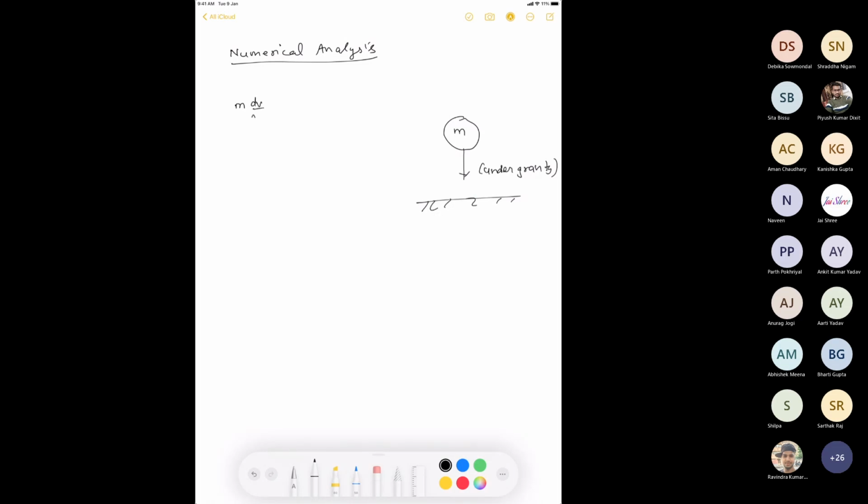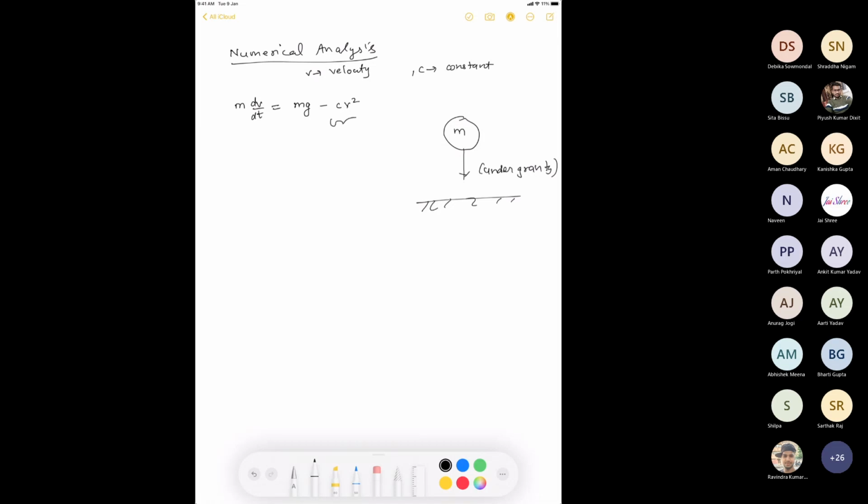If we take v as the velocity and m is the mass of this body, you will get it as mg minus some constant times v square, where c is some constant.